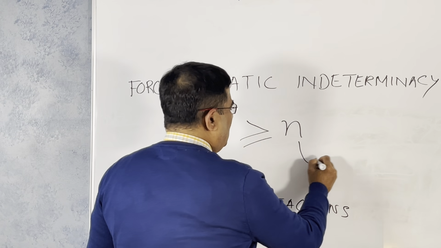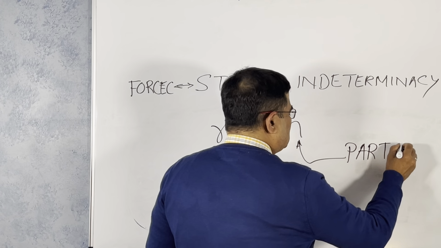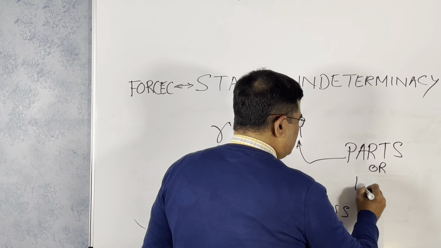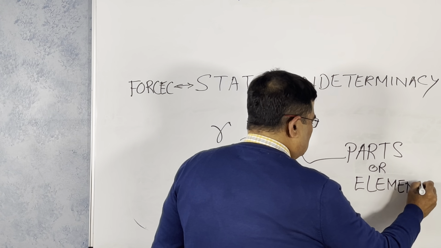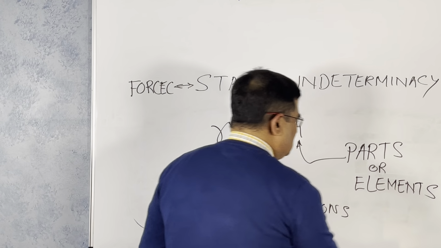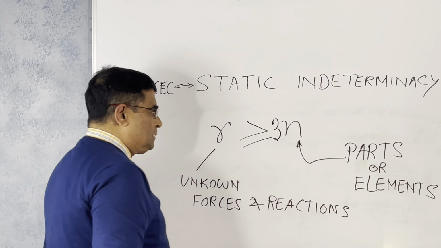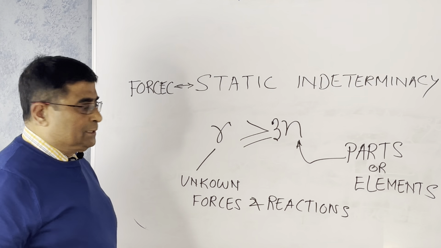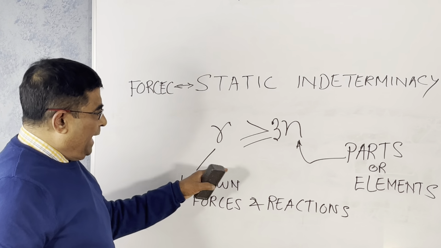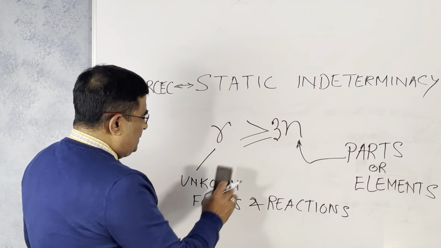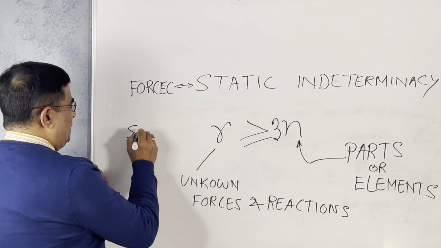N is your parts or elements. So N is multiplied by 3; not only one N, 3 times N. If it is that, the structure is a stable structure.